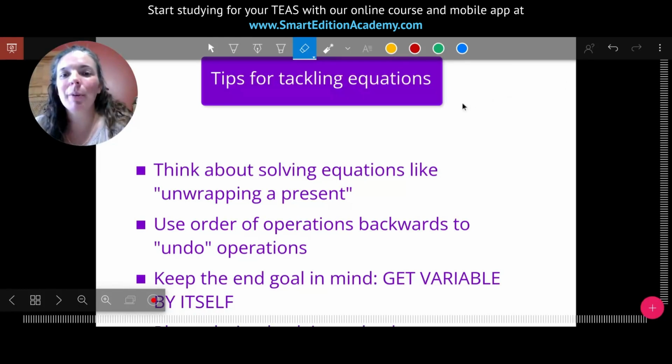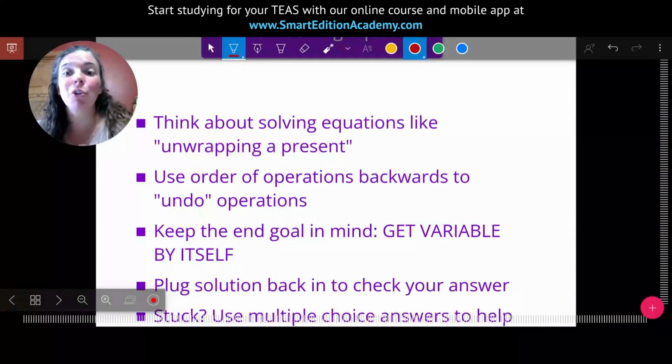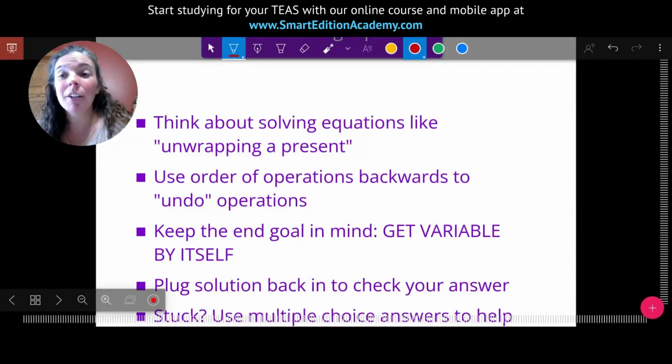We'll start with equations. So here are a few tips for tackling algebraic equations. What I like to do is think about solving equations like unwrapping a present. Whenever you have an equation that you're trying to solve, you essentially have a variable that's been wrapped up with different operations, okay? And your end goal is always to get the variable by itself. So you have to unwrap, you have to undo those operations in order to get the variable by itself.